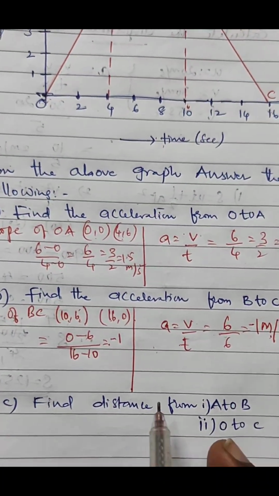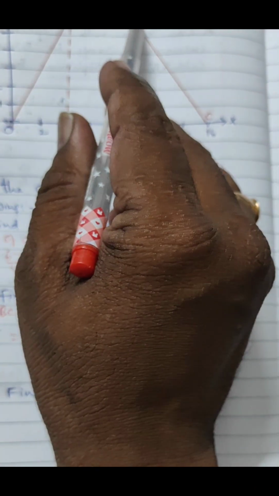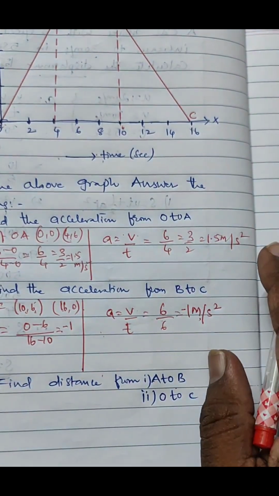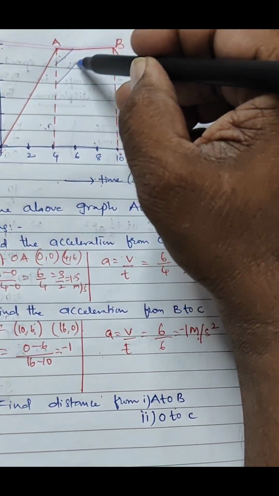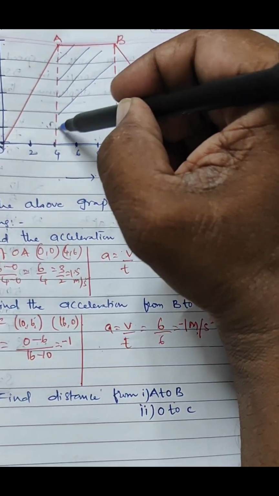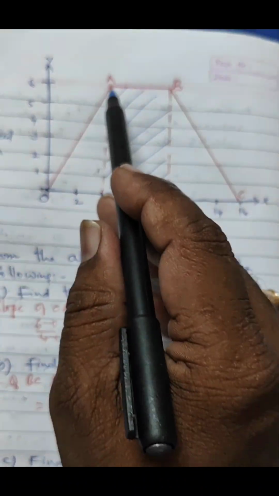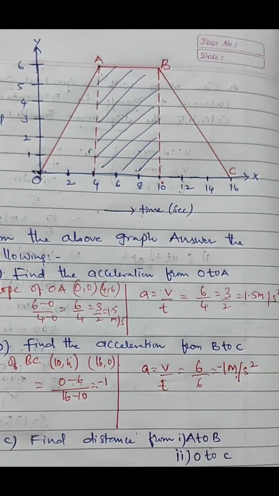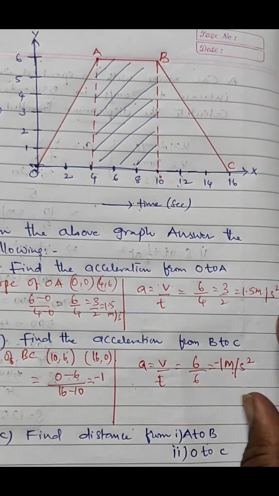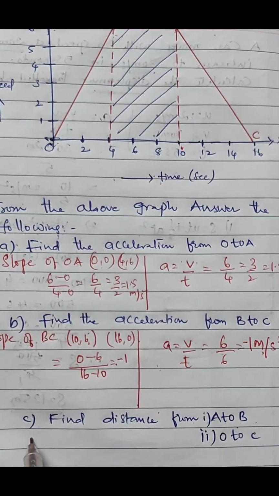Next, the distance from A to B should be calculated. When you take the distance from A to B, this is clearly the area under the graph. It looks like a rectangle, so this is called length and this is called breadth. So for A to B, the area of the rectangle can be considered.